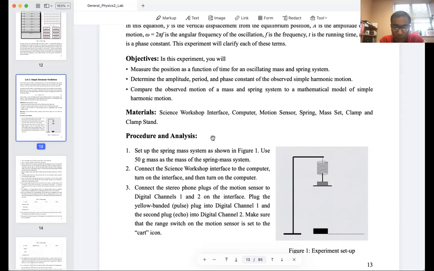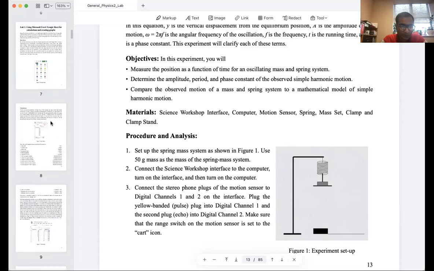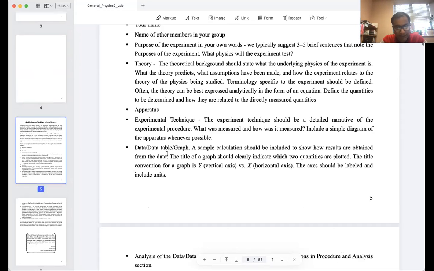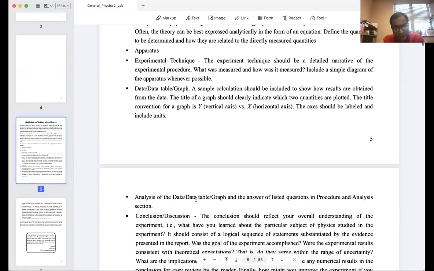So use your own words and write about the experimental technique. And then the data tables, graphs, analysis of the data tables, and the answers to the listed questions in a procedure and analysis section.